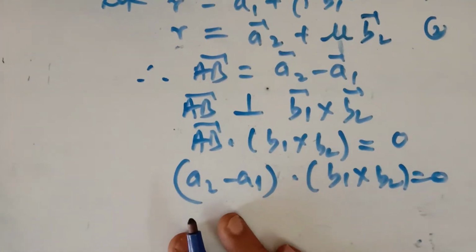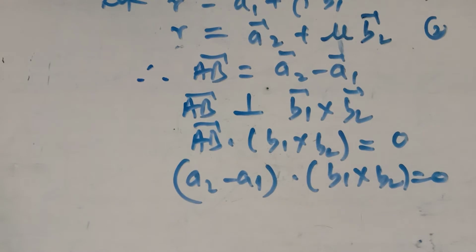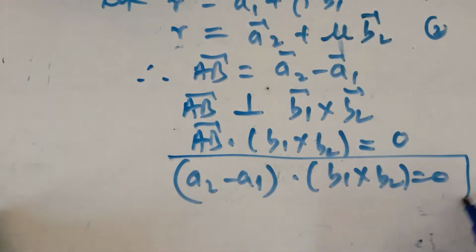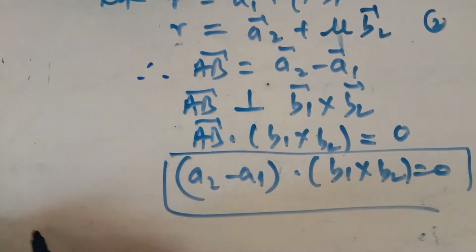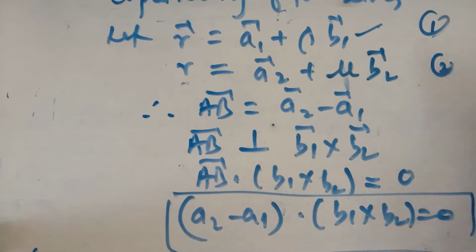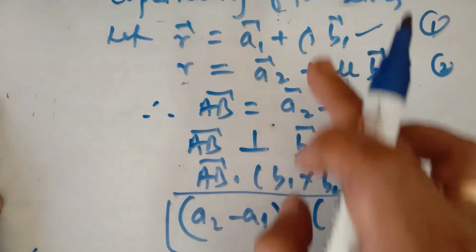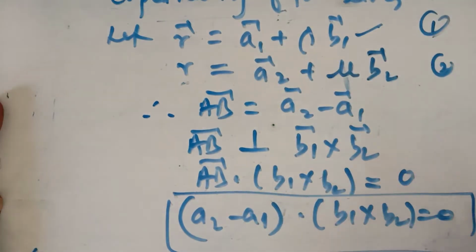This is the vector form of the condition for the two lines to be coplanar, that is, to lie in the same plane, where a1 and a2 are the points through which the two lines pass, and b1 and b2 are the vectors to which they are parallel.